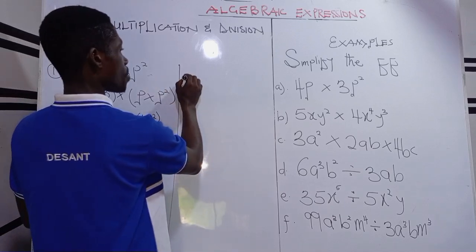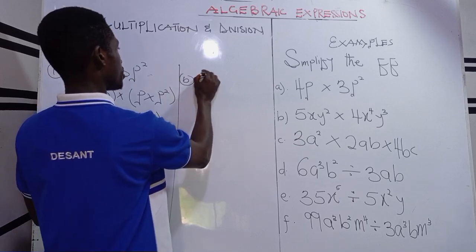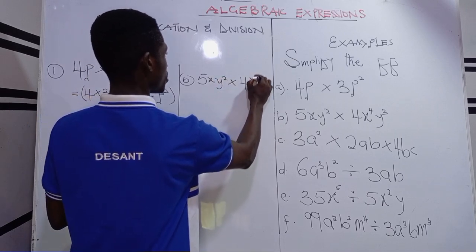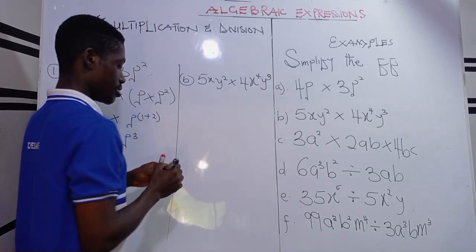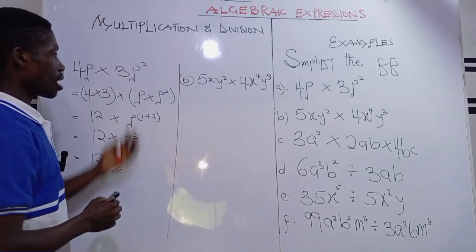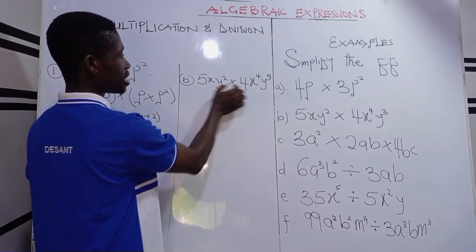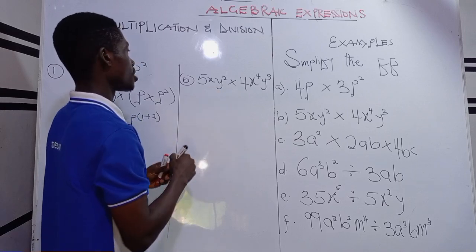So let's take example B. Following the same approach, we have to multiply these together. We are going to multiply the numbers and then we multiply the letters, which are the same. Good.